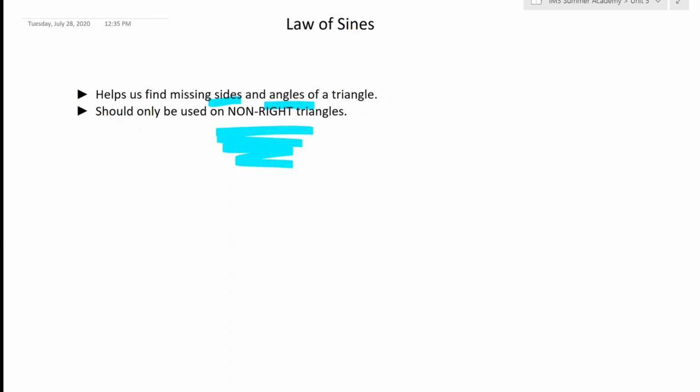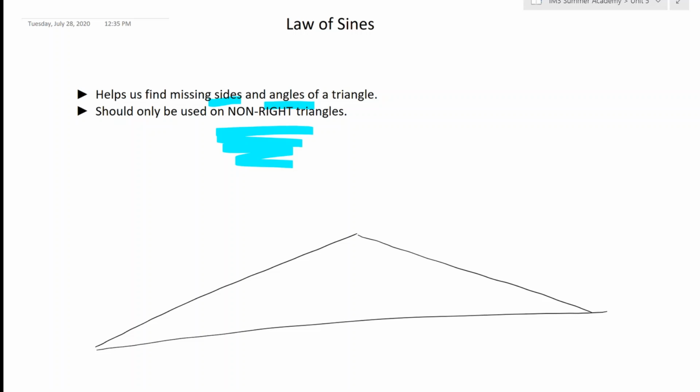So for example, let's say we had something that looks like this. Obviously not a right triangle, okay? So let's go ahead and label. Let's say this was angle A, this was angle B, and this is angle C. Now, one thing I want you to make note of is from now on, I'm going to be using capital letters to represent angles.